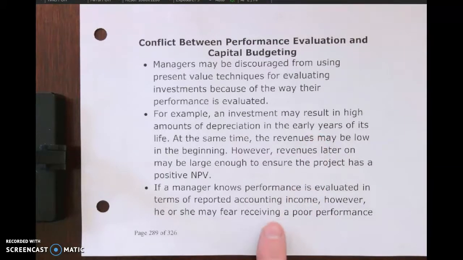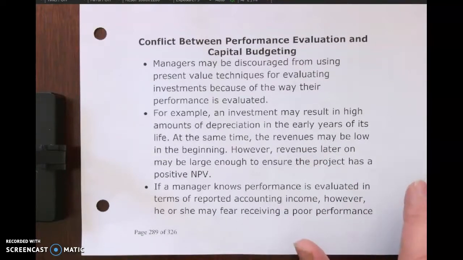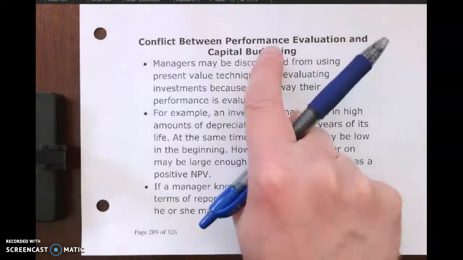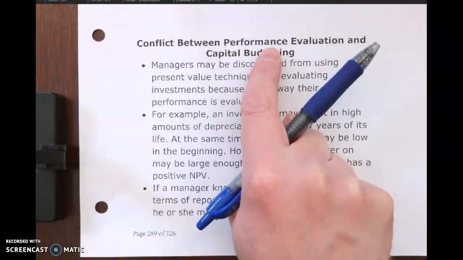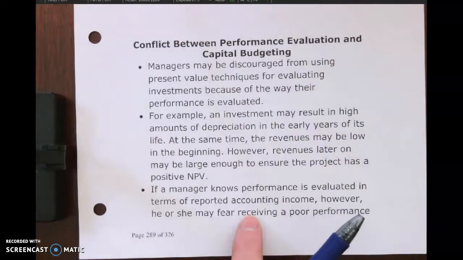So if you evaluate them based upon net income, they may not want to take the project even though it could have a high net present value. So that's the conflict between how you evaluate your managers and capital budgeting. If you don't take into account some capital budgeting measures such as net present value and internal rate of return, then people may not follow that.